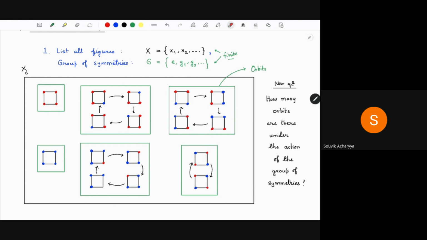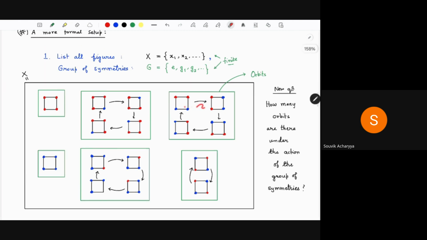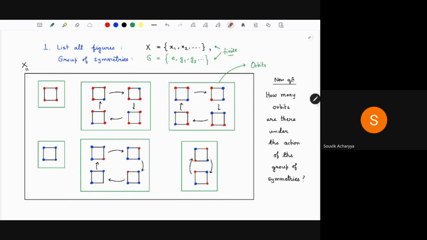So basically, what we have done is we have set up these equivalence classes, where each equivalence class refers to a particular object, and each figure in an equivalence class is a figure corresponding to that object. There are multiple figures corresponding to each object. For example, this object has only one figure.